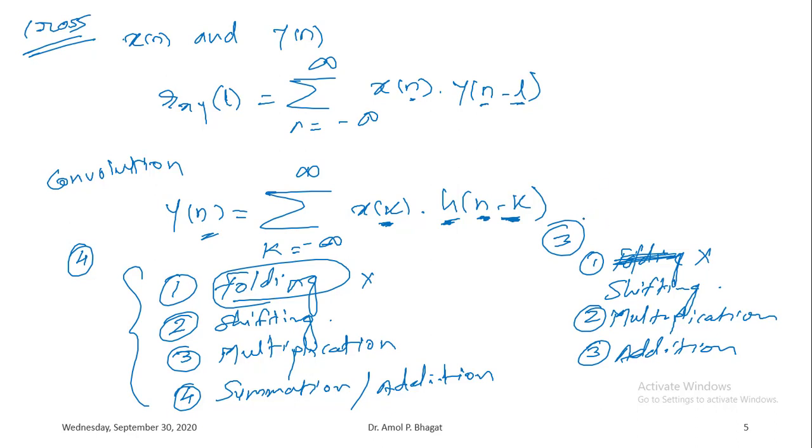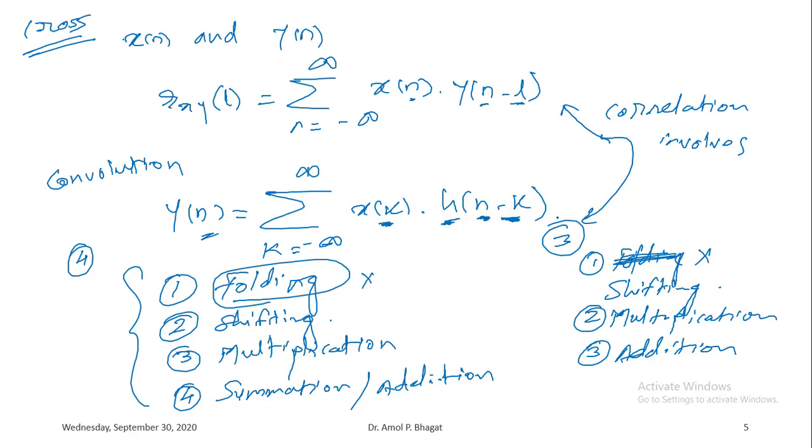So the correlation of two sequences involves these three operations. Therefore this correlation operation closely resembles the convolution operation.